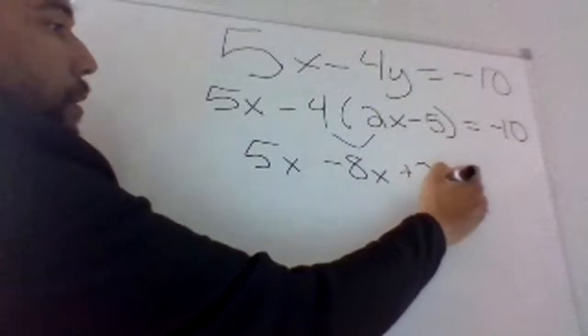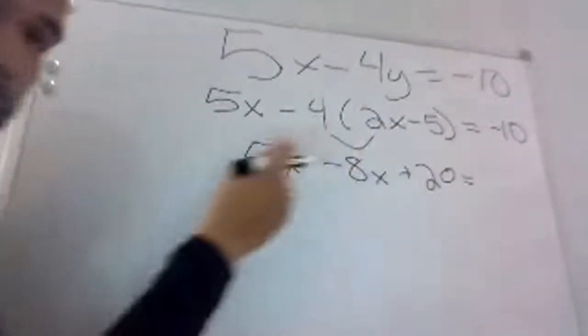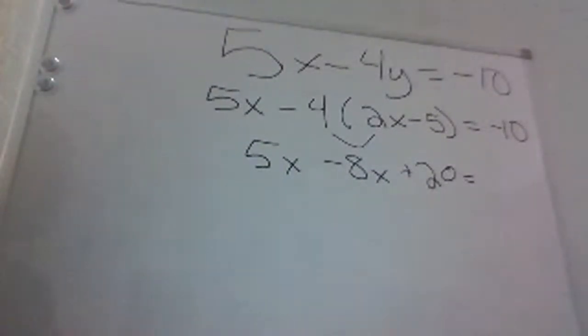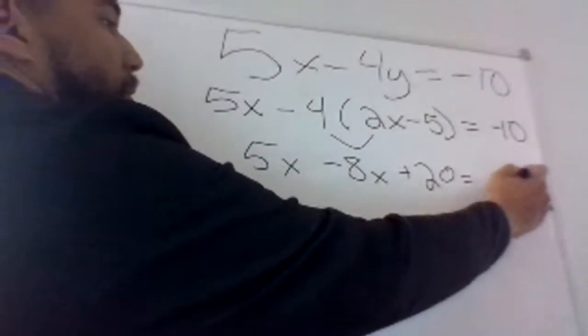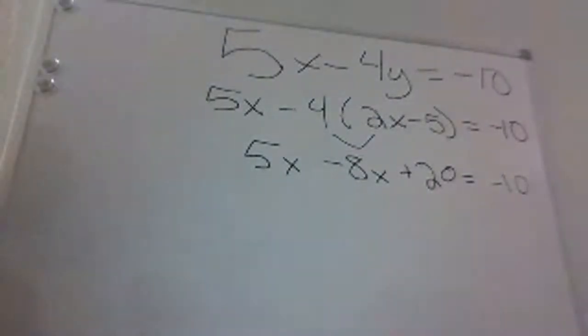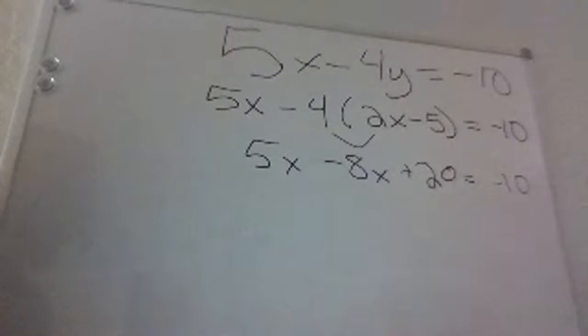That's plus 20. Equals negative 10. And then we're going to eliminate the numbers. So we're taking 20 away from both sides because we're eliminating the number.